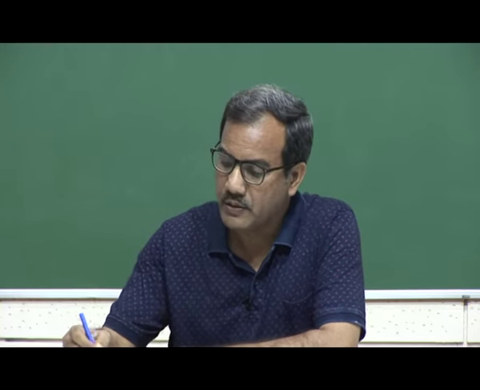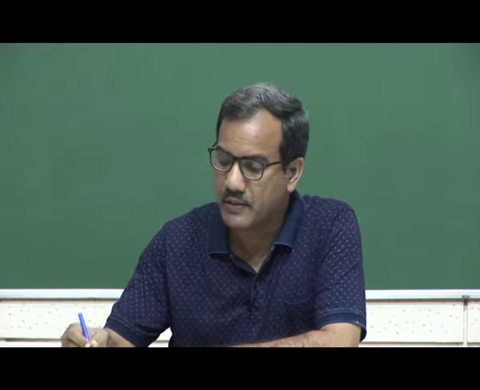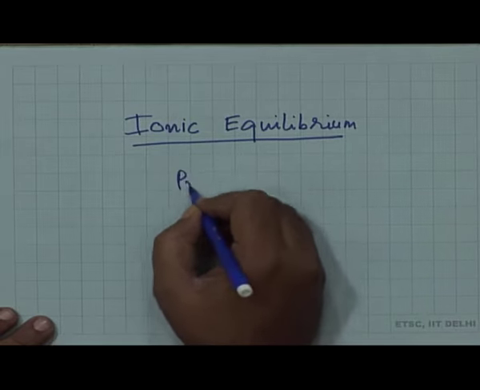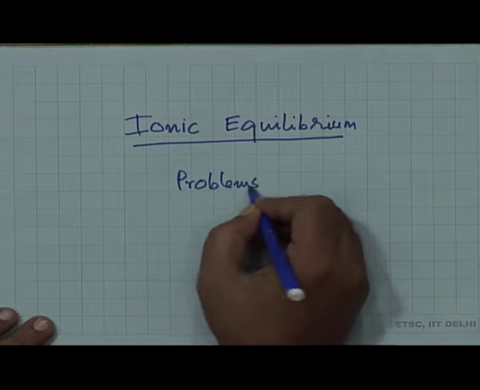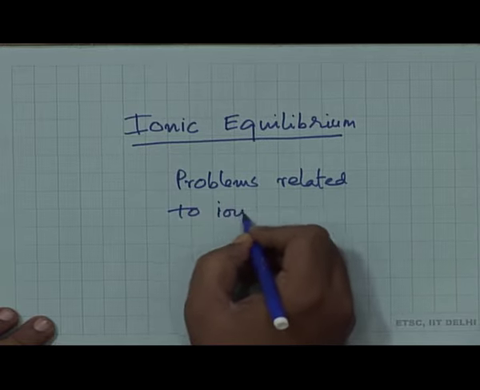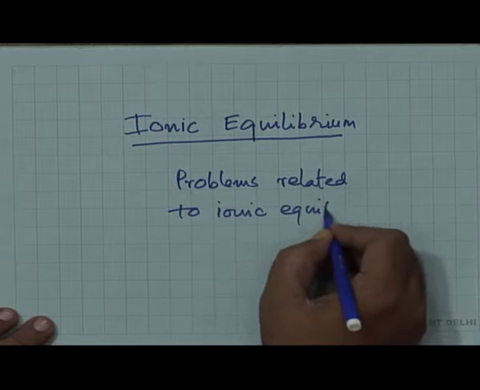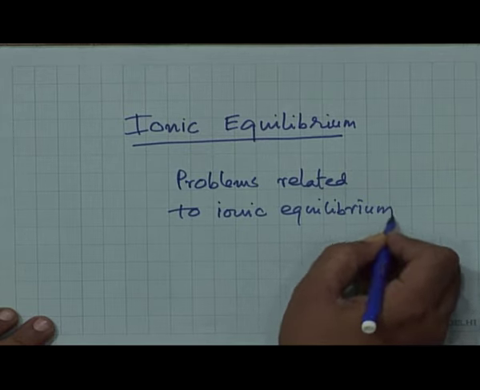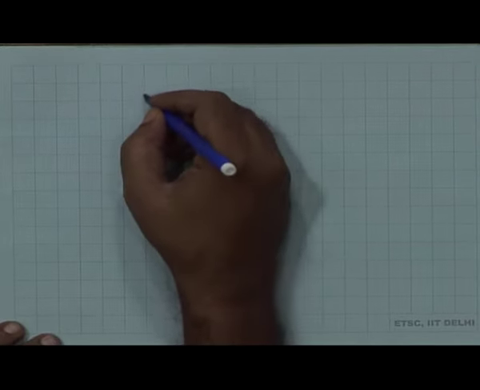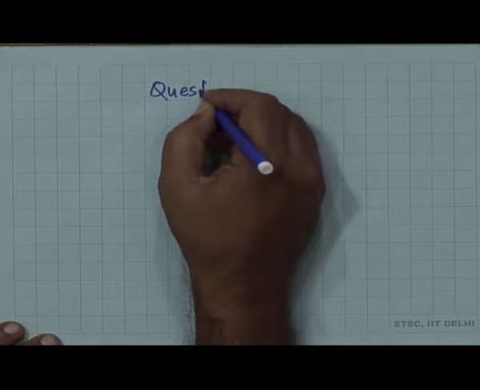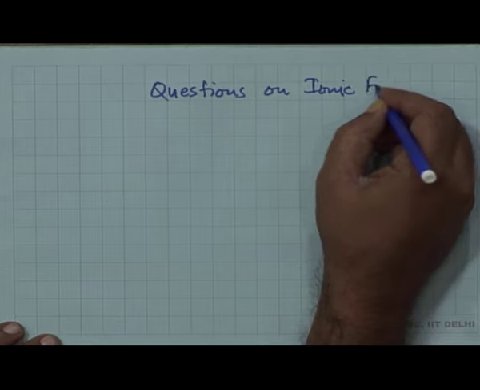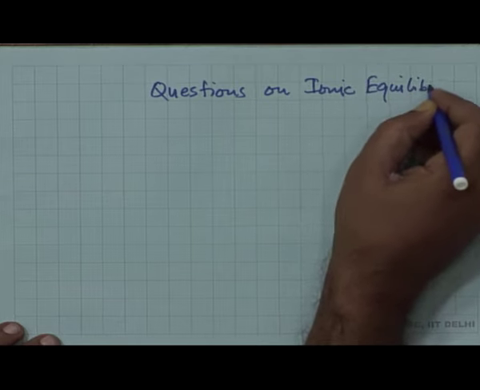In the last two lectures, we have discussed the basics of ionic equilibrium. In this lecture, I will discuss problems related to ionic equilibrium. The questions on ionic equilibrium are of two types.